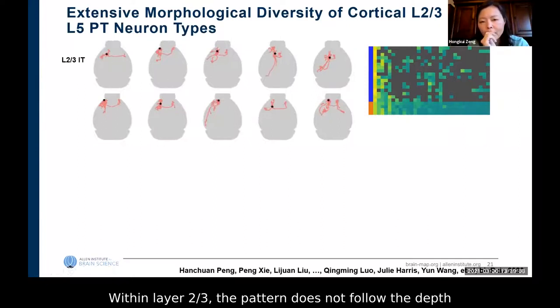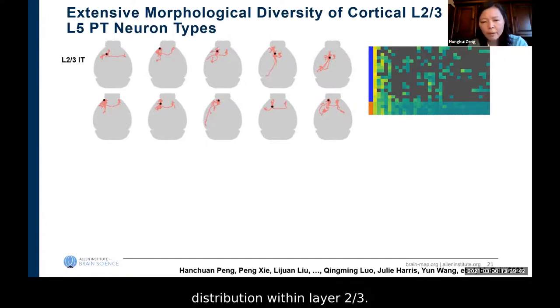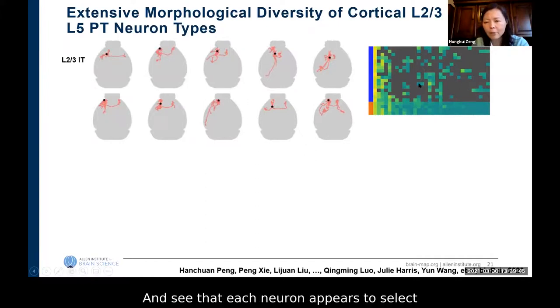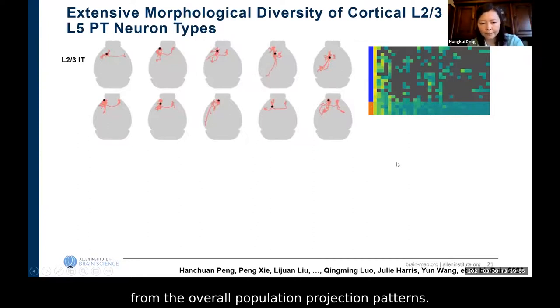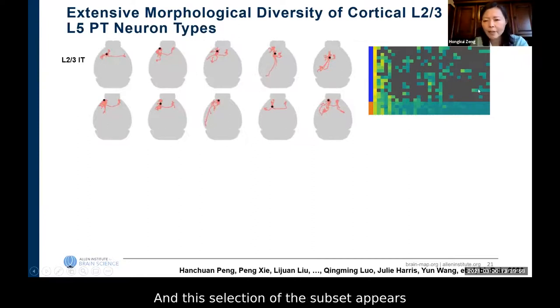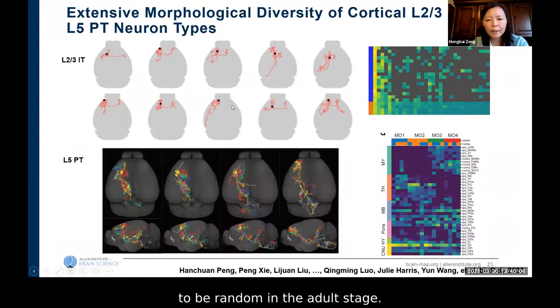The pattern does not follow the depth distribution within layer 2-3, and each neuron appears to select a subset of the projection targets from the overall population projection patterns. And this selection of the subset appears to be random in the adult stage.